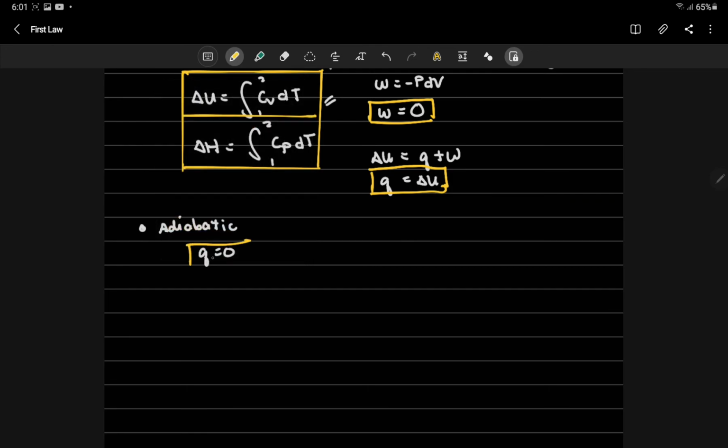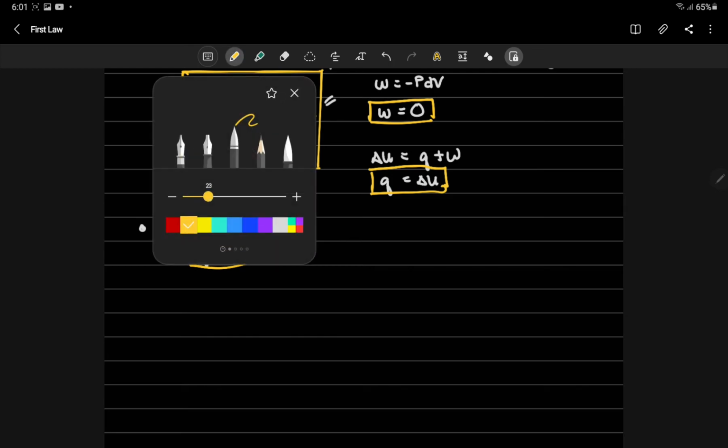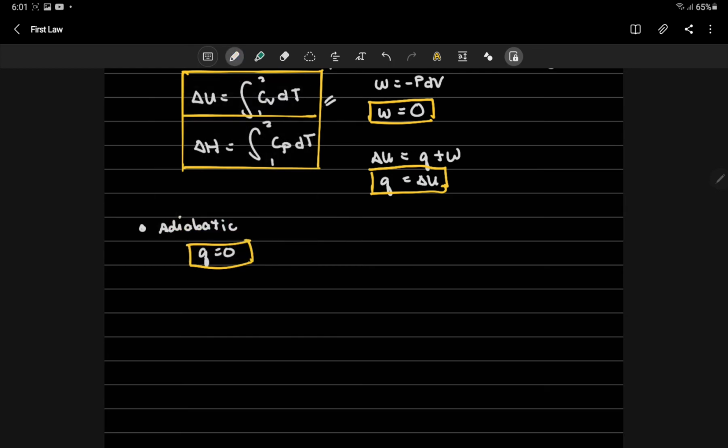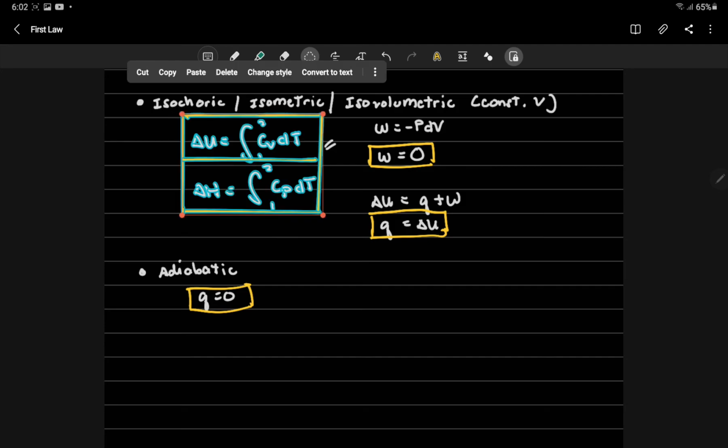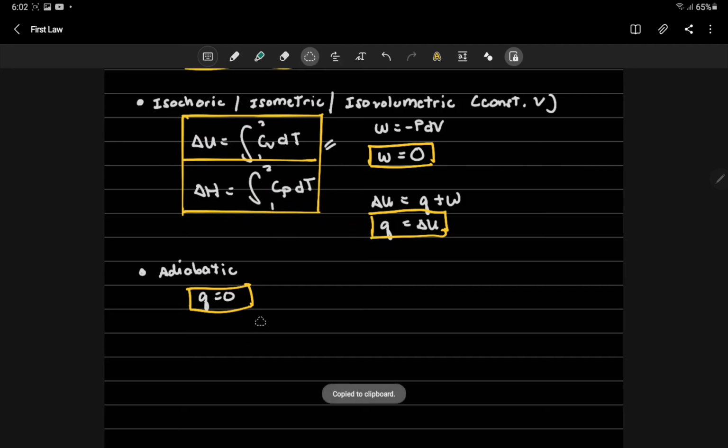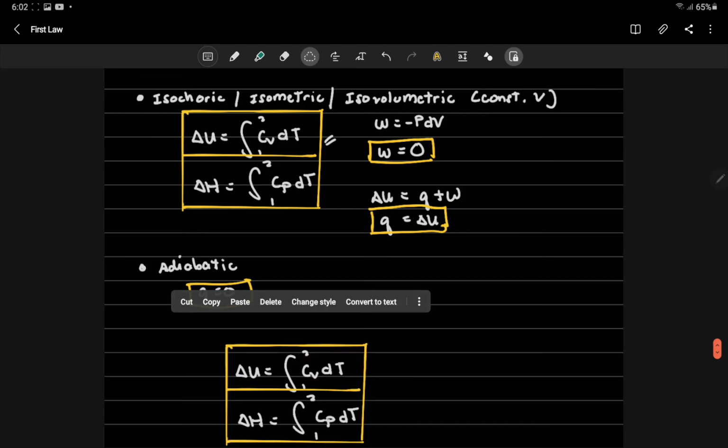Q is equal to 0. Okay, how about the others? Well, the same, no? We'll have the expression for delta U and delta H, which is this. So I'm just copying it.